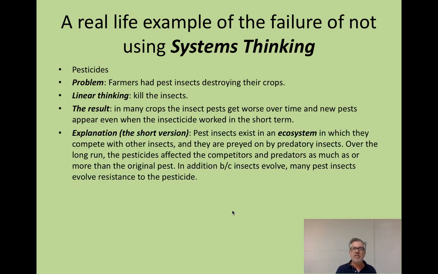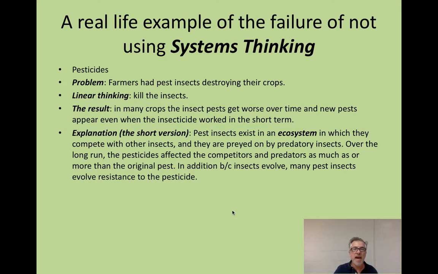Pest insects exist in an ecosystem, and in that ecosystem, they compete with other insects, and they are preyed upon by predatory insects. So over the long run, the pesticides affected the competitors and predators as much or more than the original pest, right? So in other words, if the predators are gone, the insects in the next generation, those that survive, are free of predators.